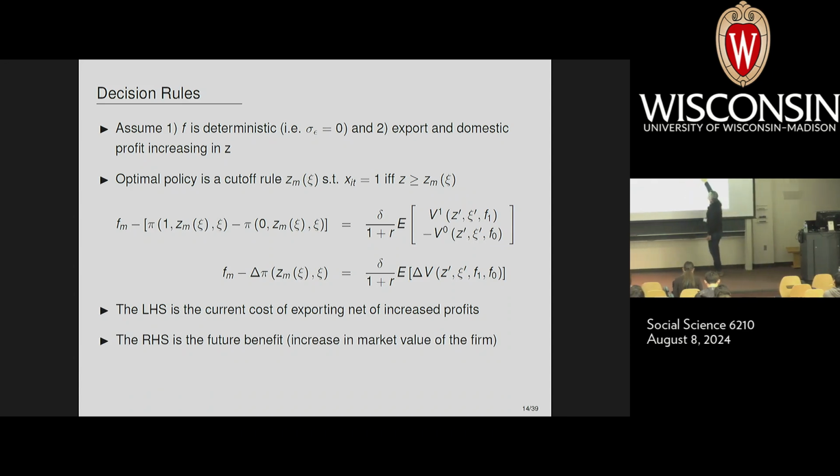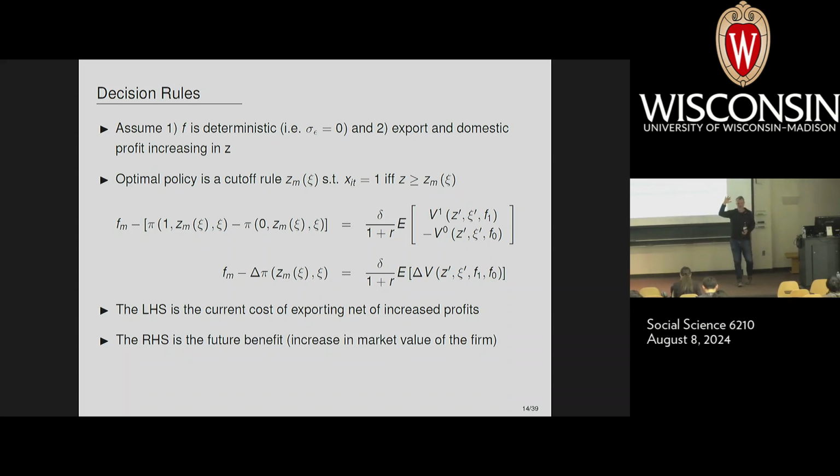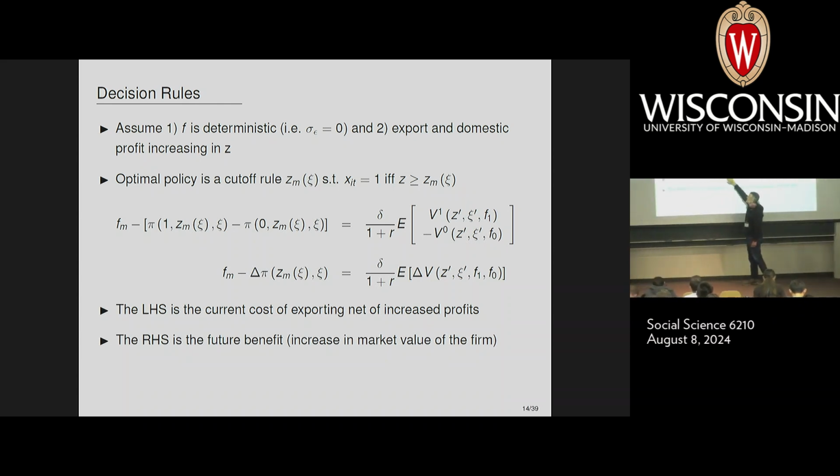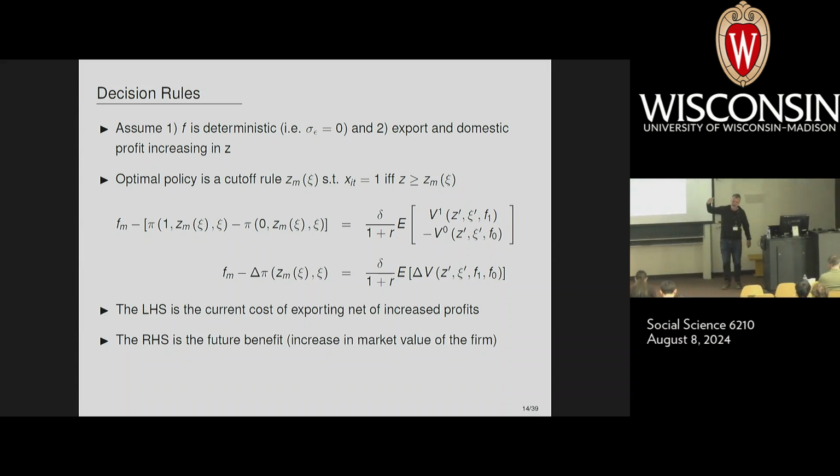And then this is the increase in the expected value of my firm from being an exporter tomorrow. So what that says is this cutoff Z is the one that exactly balances the cost of entering versus the expected future gains from starting tomorrow as an exporter. That's this forward-looking decision.